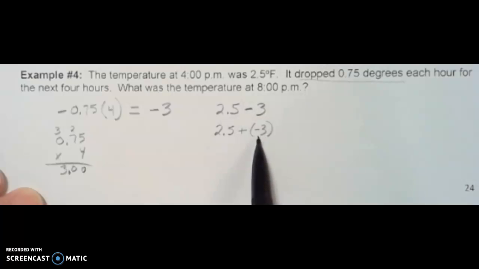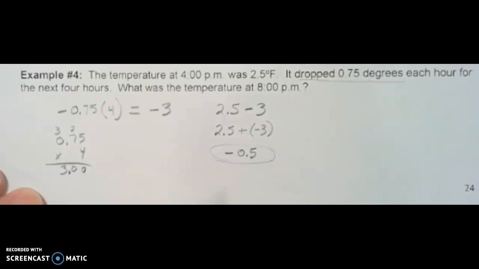My negative number has the greater absolute value, so the sign of this answer is going to be a negative number. And since they're different signs, I'll subtract the absolute values. 3 minus 2.5 is equal to a half, or 0 and 5/10. So this is going to come out to be negative 0 and 5/10.